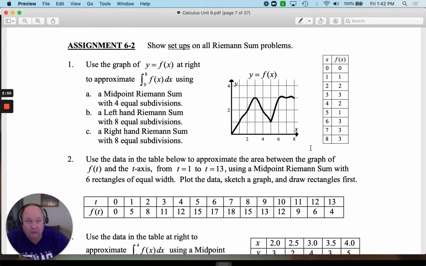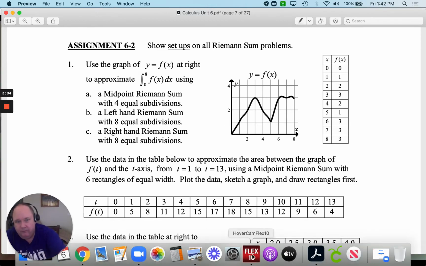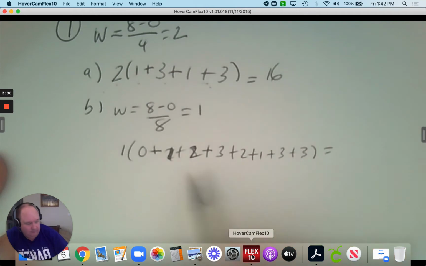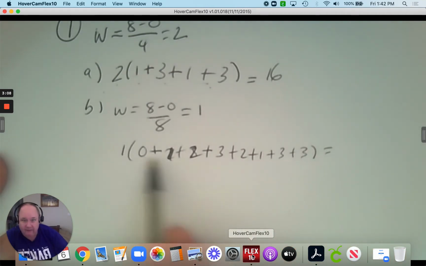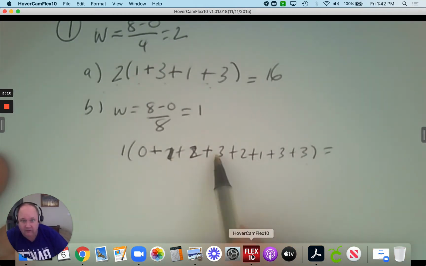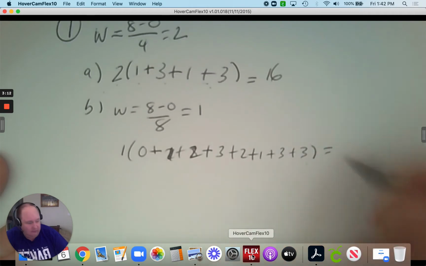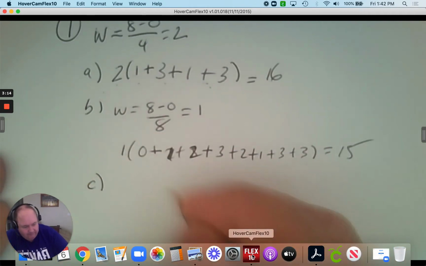So it's 0 plus 1 plus 2 plus 3 plus 2 plus 1 plus 3 plus 3, and then solve it. There it is. These are all the left heights as you go across. So that's 8, 9, 12, 15. All right, C.